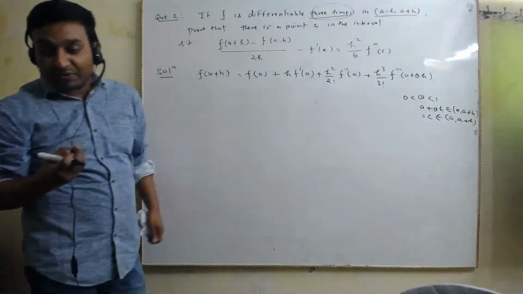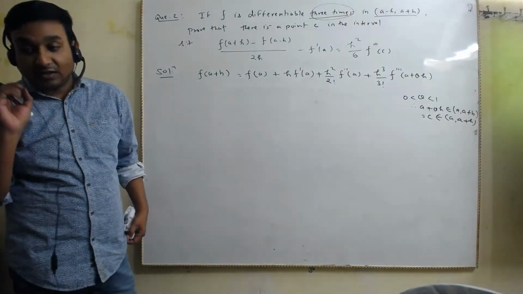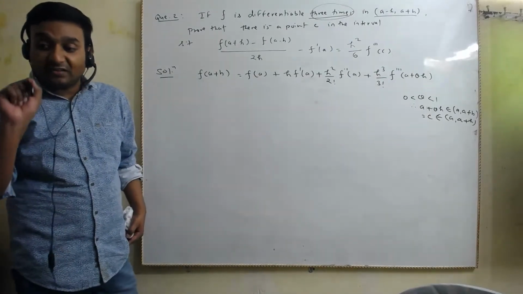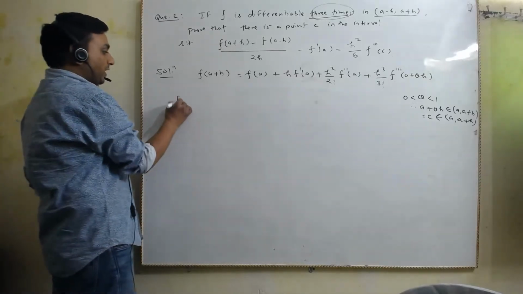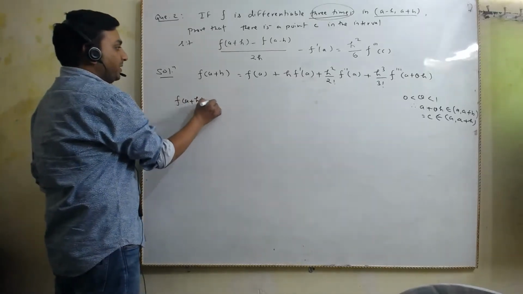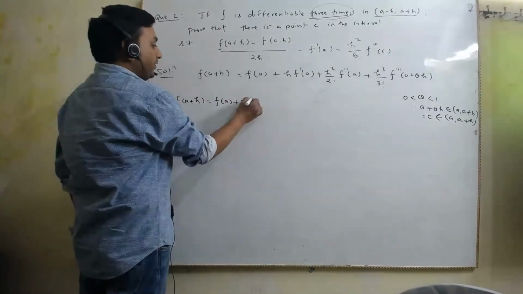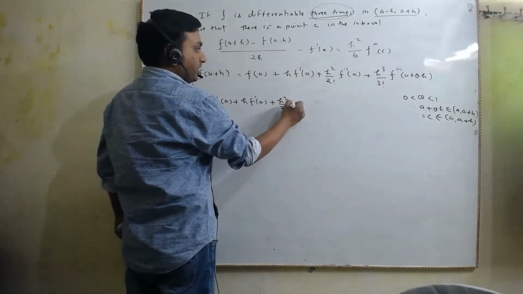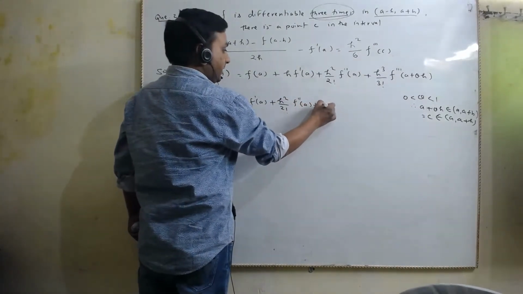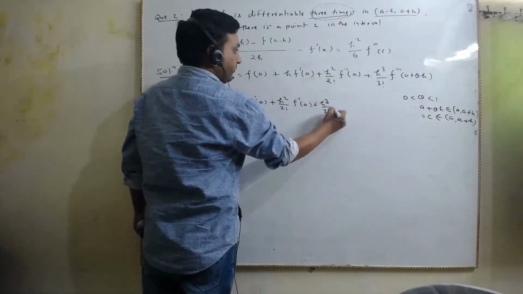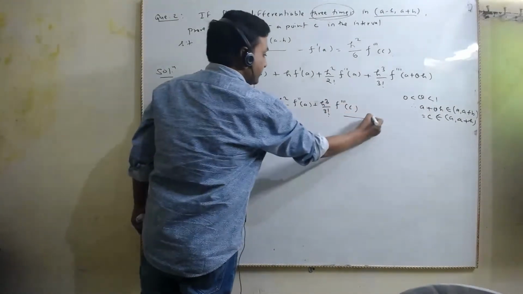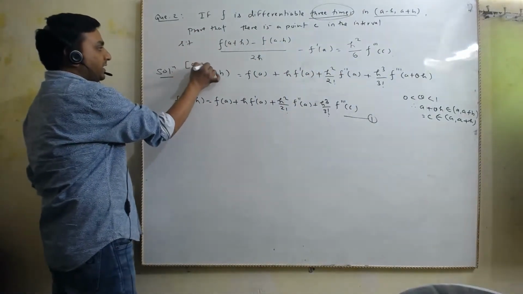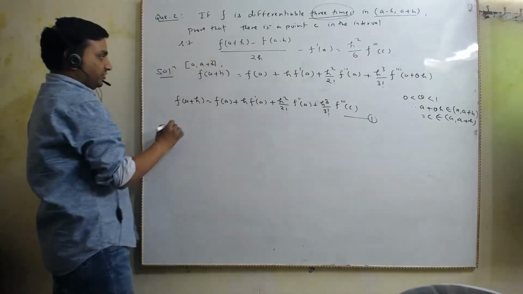What you have represented here is a plus theta h by the point C. So now you have f of a plus h equals f of a plus h into f dash a plus h square by factorial 2 f double dash a plus h cube by factorial 3 f triple dash c. This is the work you have done in a to a plus h.